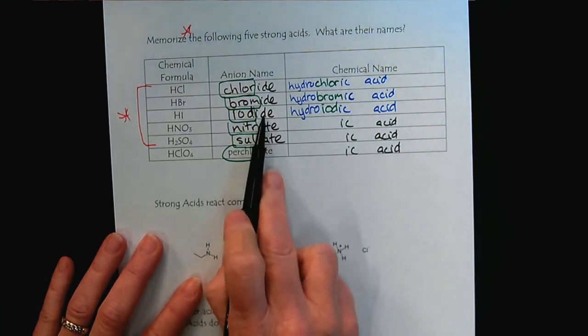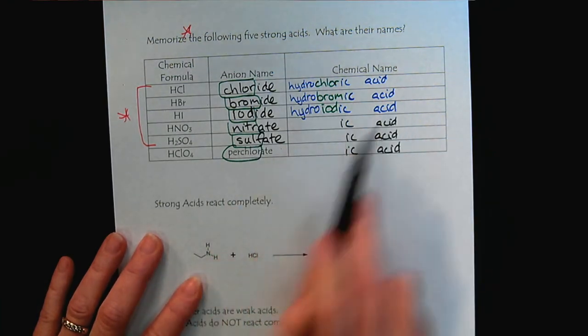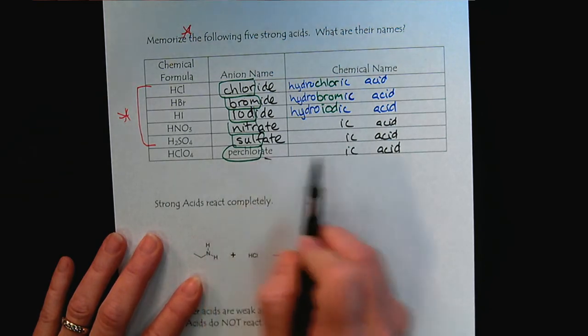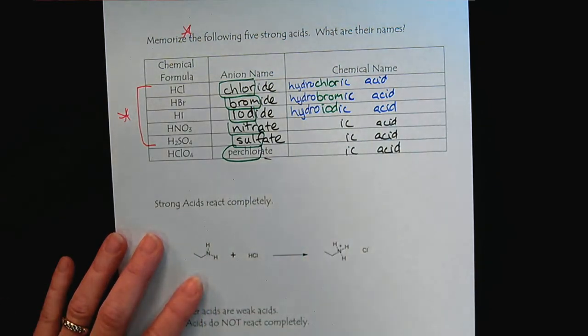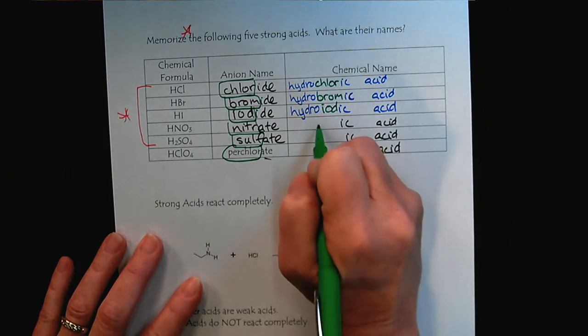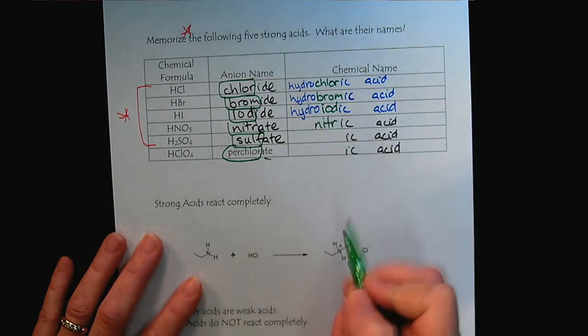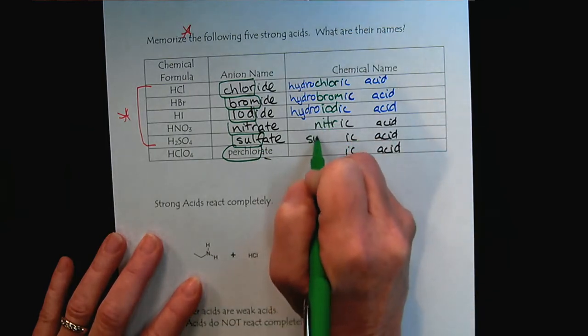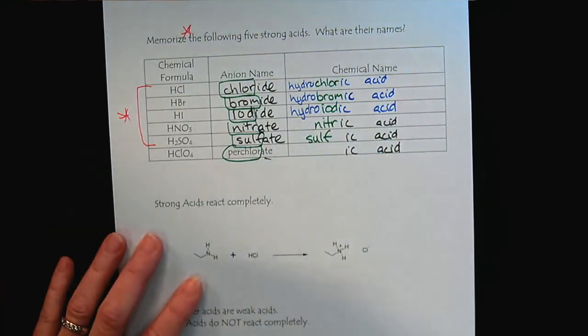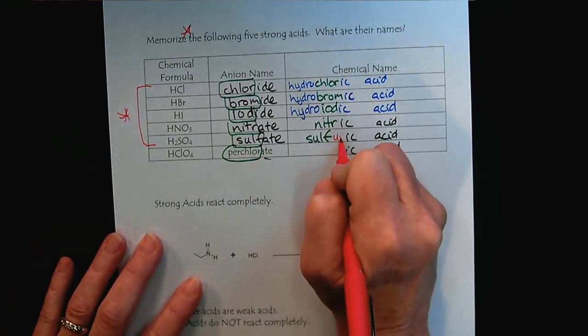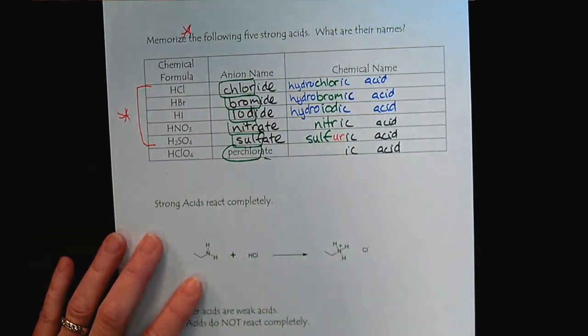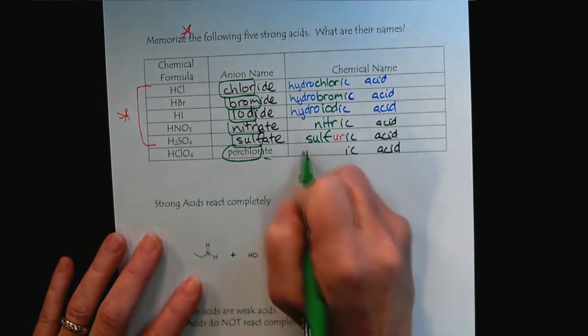So when we have ides, hydro-ic acid. When we have ates, ic acid. And then we simply bring in the stem. So this would be nitric acid. Remember, with the sulfur-based acids, we add that extra ur. And then for this last one, perchloric acid.